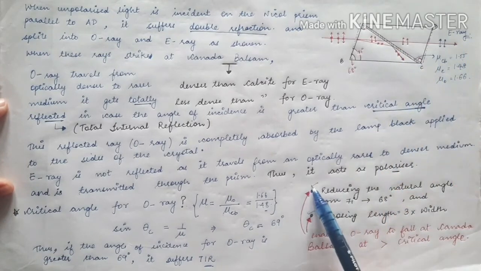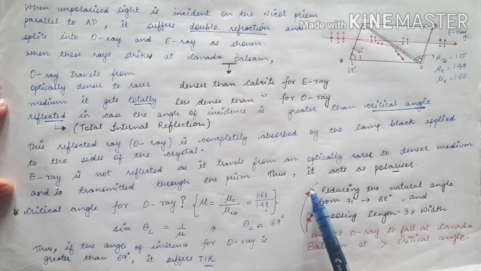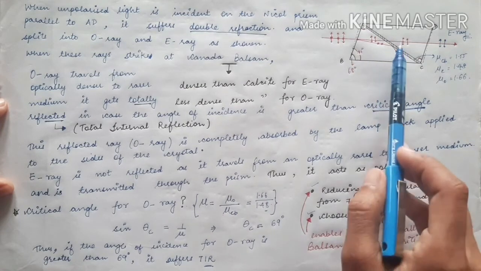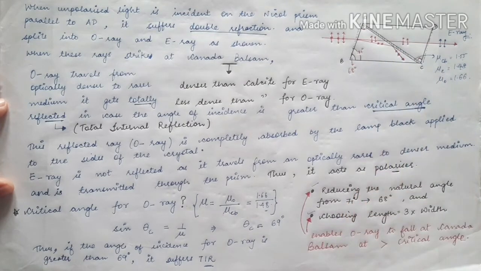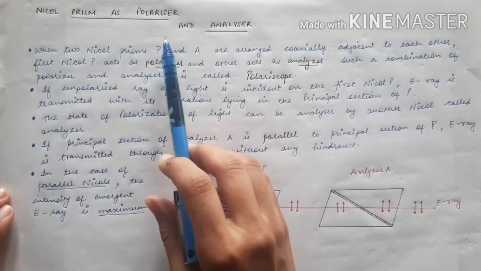And these two conditions must be satisfied, only then will the O ray fall at the Canada balsam layer at greater than 69 degrees. So this is how the Nicol prism works. Now we are going to see how the Nicol prism will act as an analyzer.